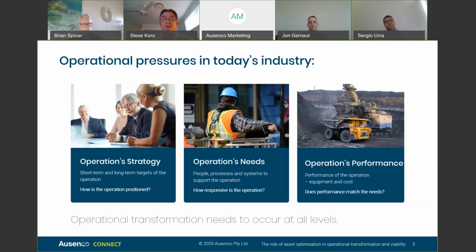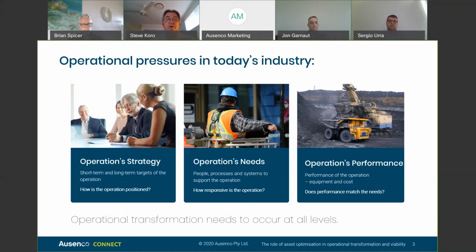Hopefully they have. And we as asset management practitioners have a job to do, and that is to determine what are the asset management objectives and plans that will help deliver the business plan, both short and long term. So my question to you to think about is, what asset management plans do you have in place to deliver your asset management objectives?